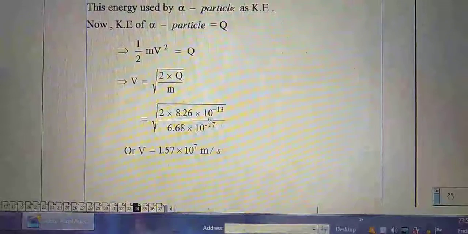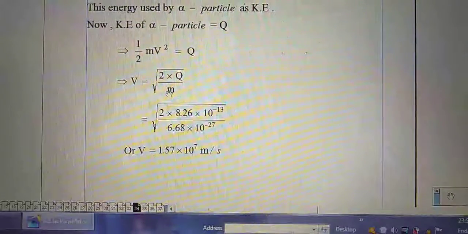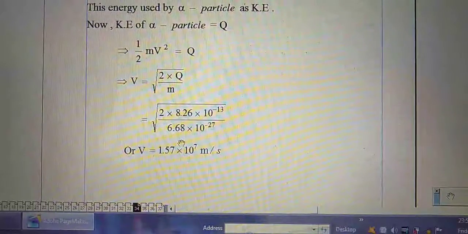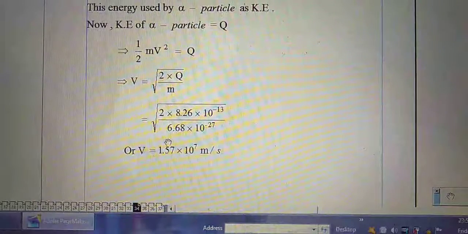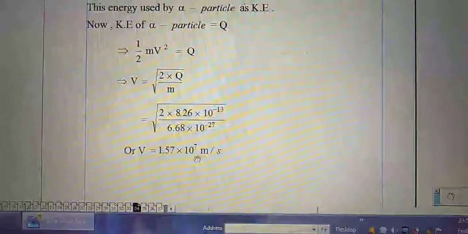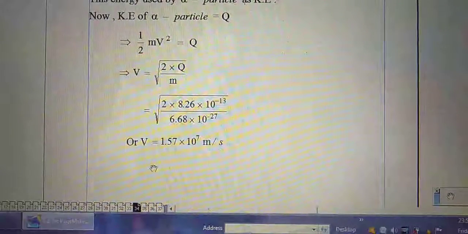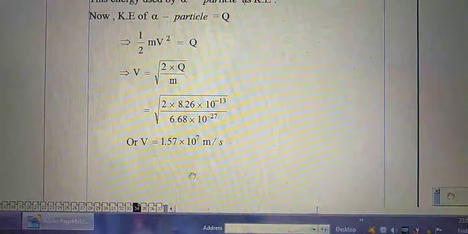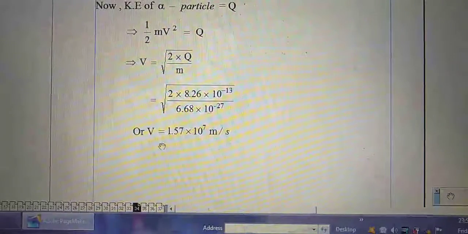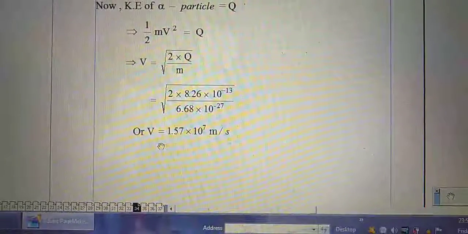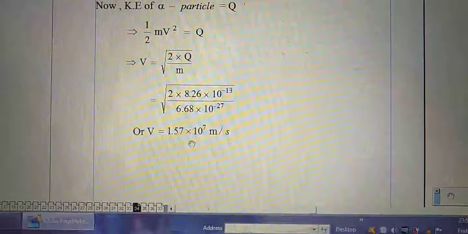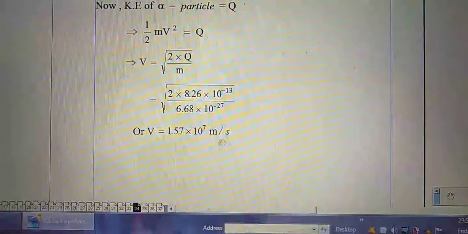Put the value of Q and m, the mass of the alpha particle, and after calculation, how much did you get? The velocity of the alpha particle is 1.57 into 10 to the power 7 meter per second.